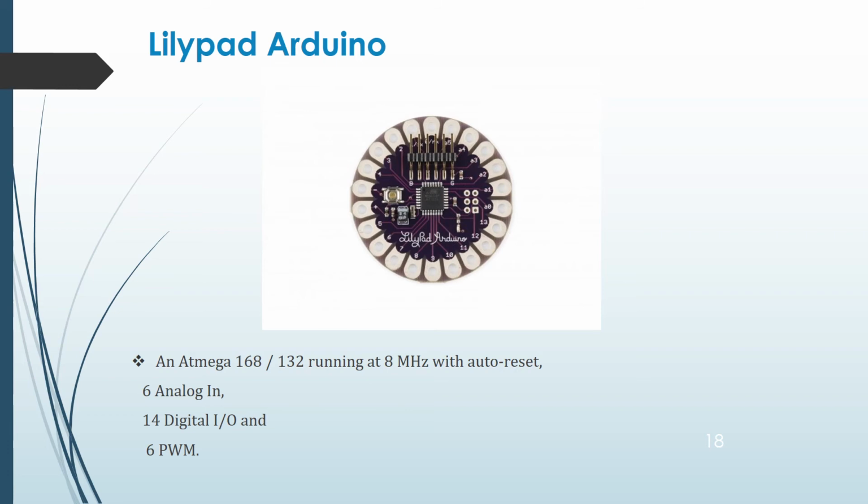Next is another LilyPad Arduino category. Here you could see it is ATmega168 or 328, running at 8 MHz with auto reset facility, having 6 analog input and 14 digital input output ports with 6 PWM.